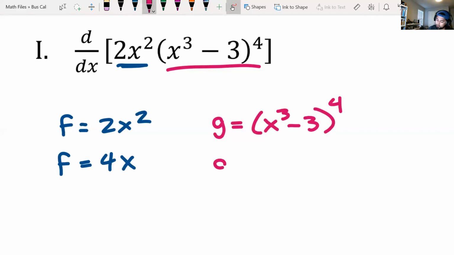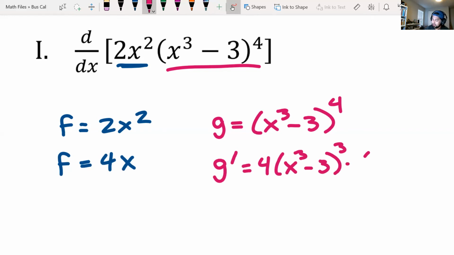And then we'll take the derivative of g, which will use chain rule, which means you'll get 4 times (x cubed minus 3) to the 3rd times, what's the derivative of that inside? 3x squared.